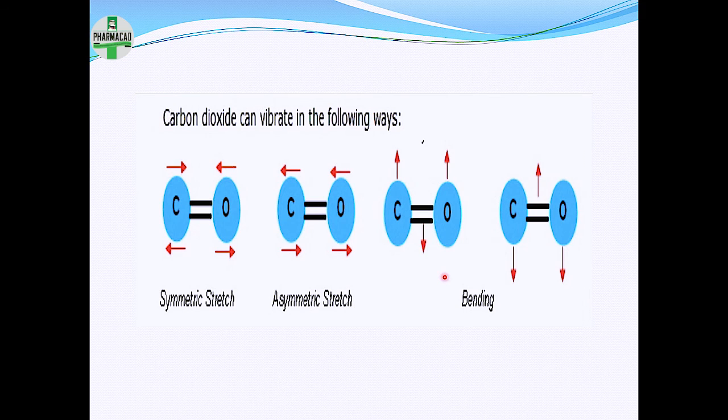Depending upon the wave numbers and the bands, we are able to understand what type of functional group or what type of molecule or atom is present in our sample or analyte, which is to be analyzed using the IR spectroscopy technique.